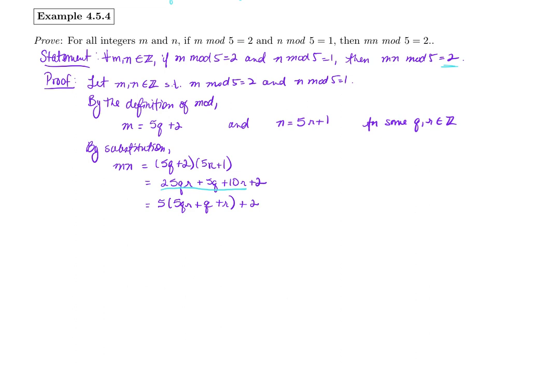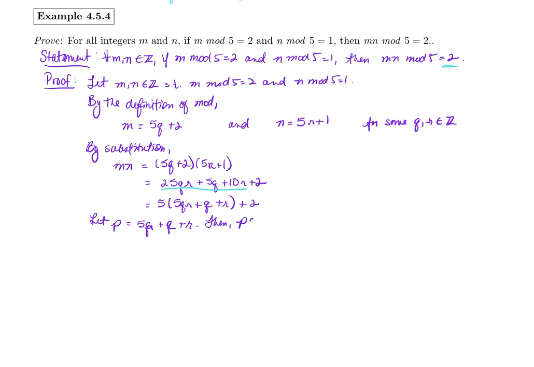And now we want to show that that's 5 times an integer plus 2, because that's our definition of mod. So let's see, we haven't used p. Let p be equal to 5qr plus q plus r.